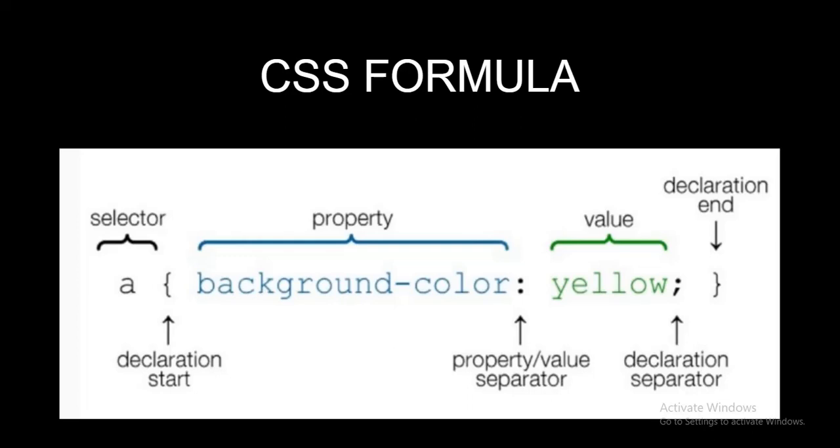In this case, you can see that it is an anchor tag, and next you must write the selector followed by a curly bracket, which is called the declaration start, and a closing curly bracket, the declaration end. Inside the curly bracket you put a property.